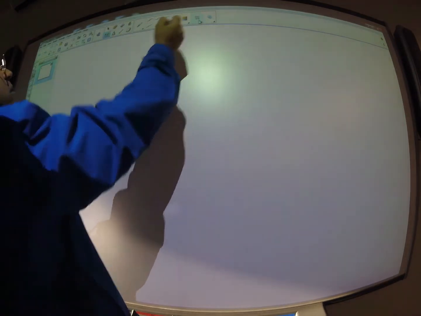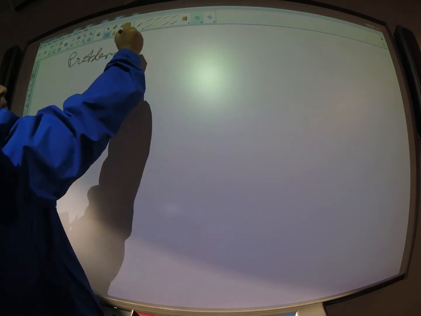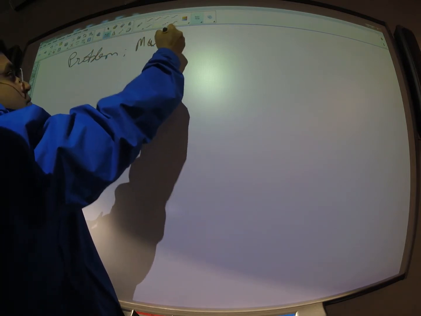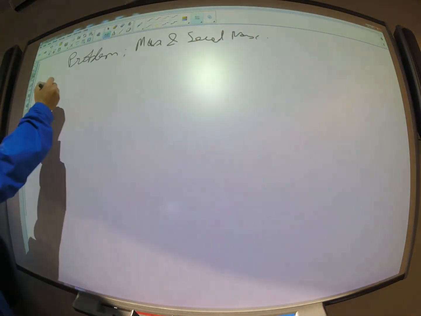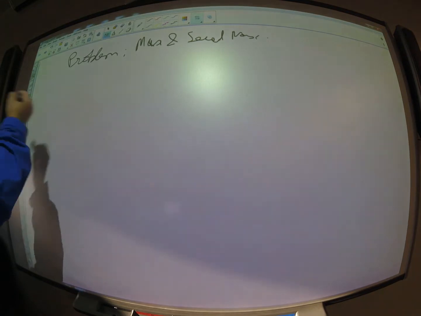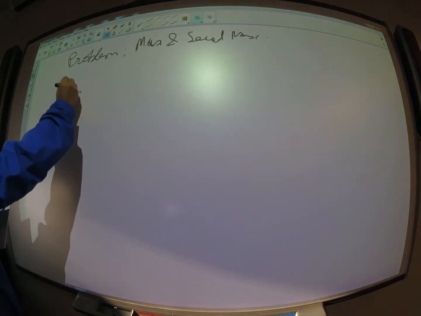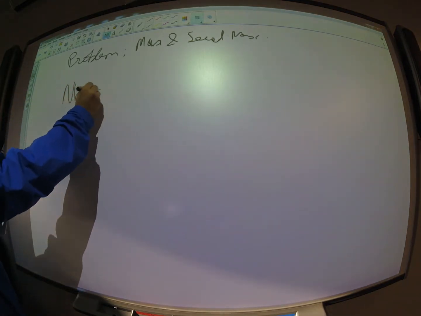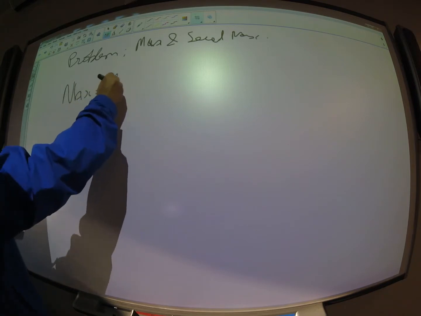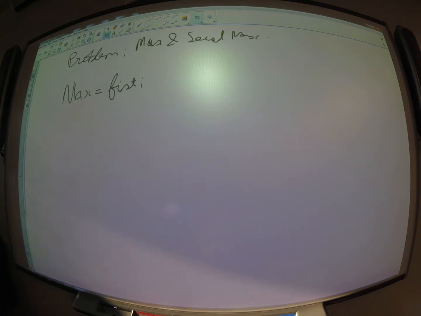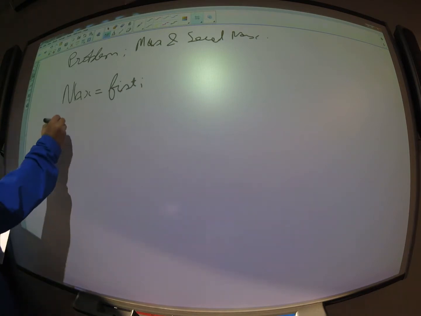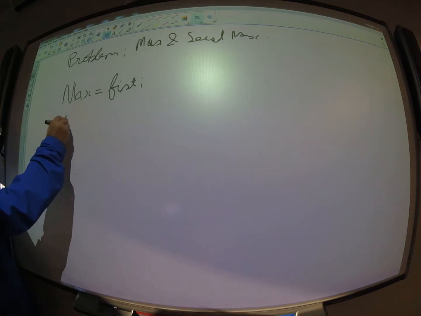So let's write max and second max. So find the max and second max of n. We did this the other day. Max is equal to, let's say, the first number. The first number from the set of n numbers, I initialize that to max. And then in a for loop, I read in numbers.